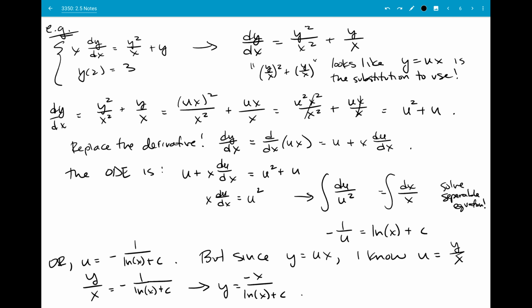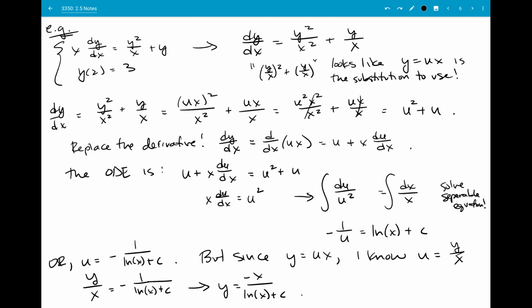The one thing that you should remember is, as soon as this constant appears, now that you all have gotten lots of practice with initial value problems, you're going to want to make it go away with your initial condition. You technically can solve for c here, because you could say if y of 2 is 3 and u is y over x, then at 2, u is 3 over x.